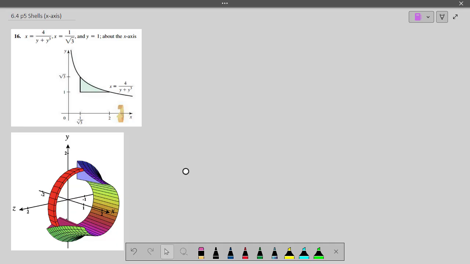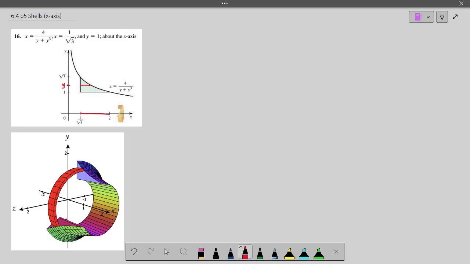If we are going to have cross sections that are cylinders, we would choose what type of element, vertical or horizontal, to create a cylinder if we're rotating around the x-axis? Horizontal. So there is our random element at a random y.